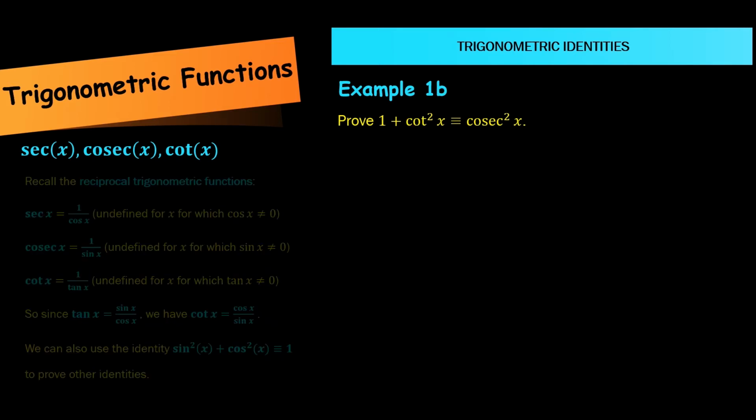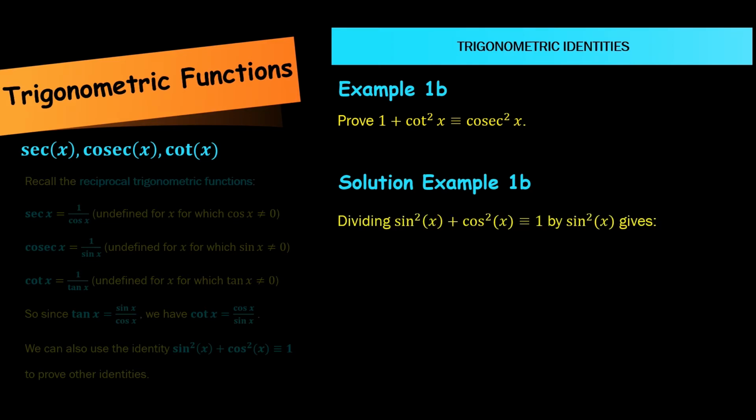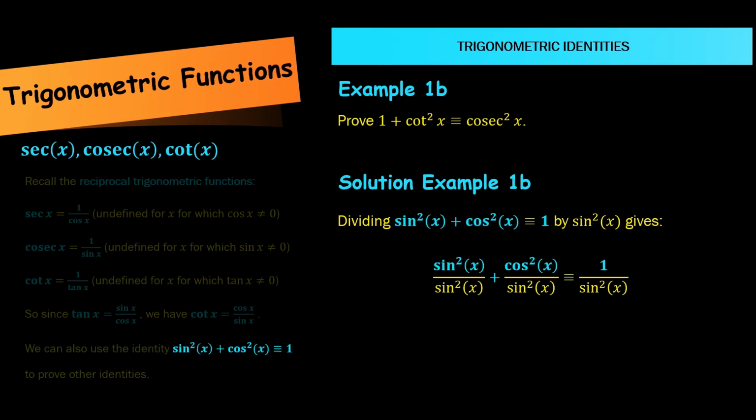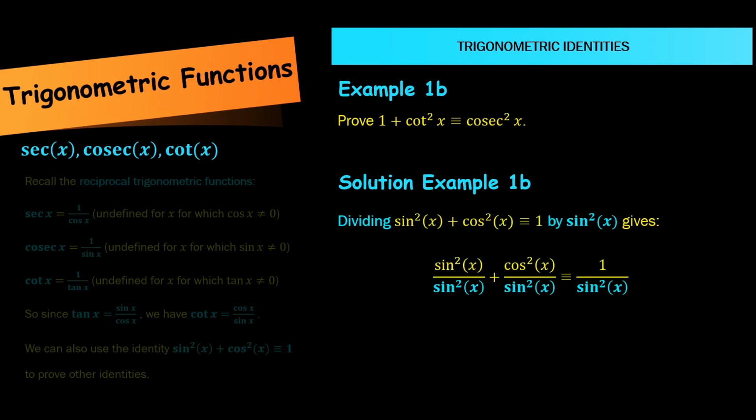Now let's solve part B. We are required to prove that 1 plus cot²x is identical to cosec²x. So let's solve this. We're going to begin by dividing sin² plus cos² is identical to 1 by sin², as shown.